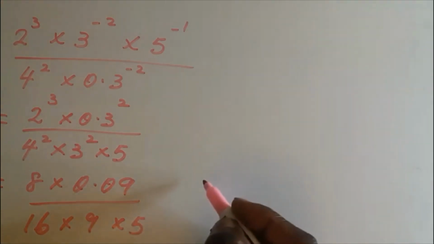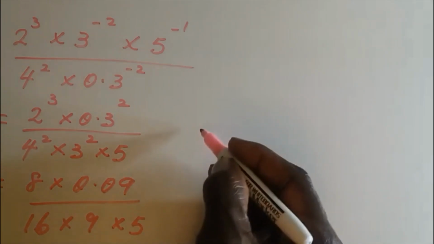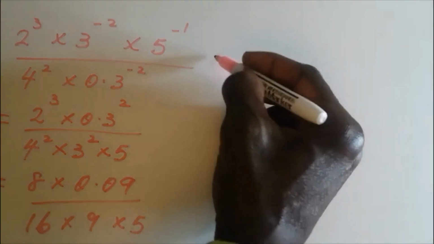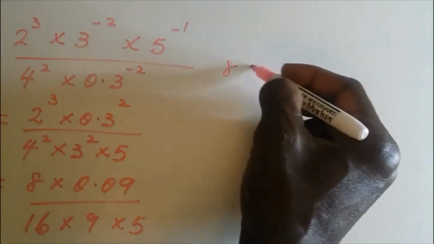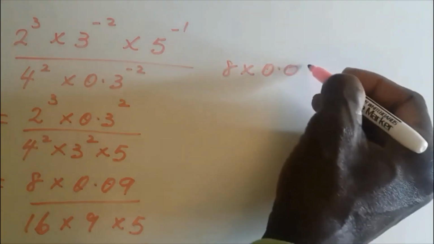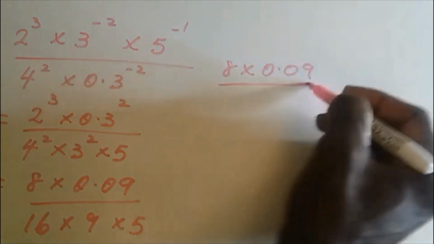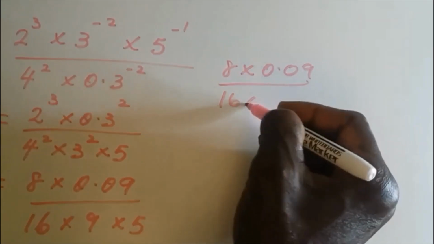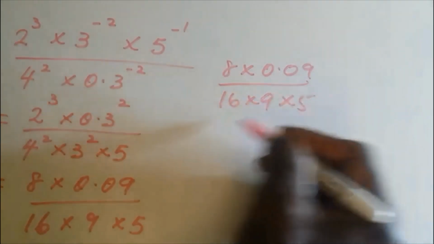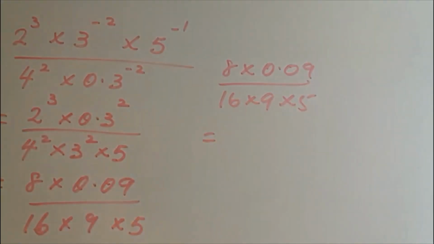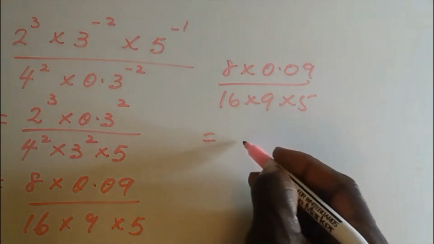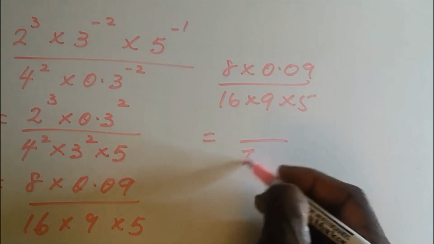Now let's rewrite that here. We have 8 in the numerator, 0.09 over 16 times 9 times 5. Now 16 5s are 80, 80 times 9, we have 720 in the denominator.